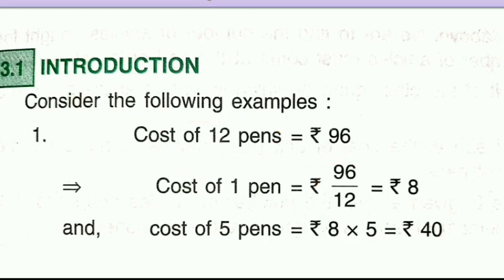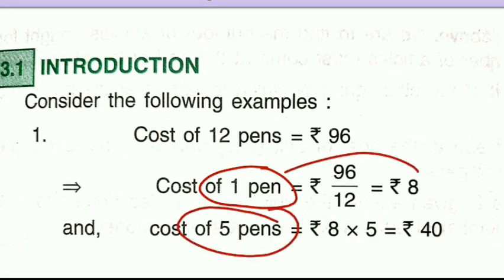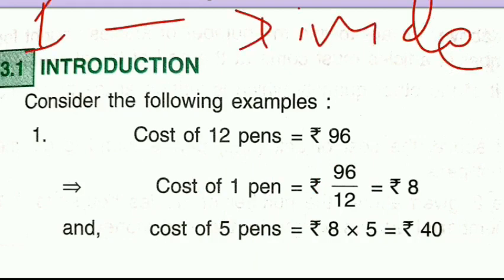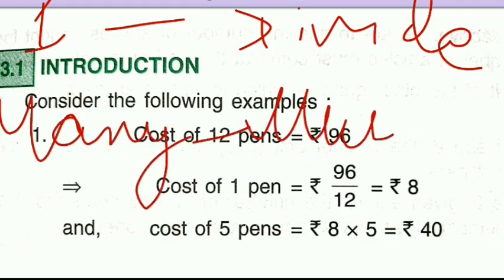But if we know the value of 1 and we have to find the value of many, we will multiply simply. We have to keep in mind when to divide and when to multiply. When we have to find the value of 1, we will divide. When we have to find the value of many, we will multiply.